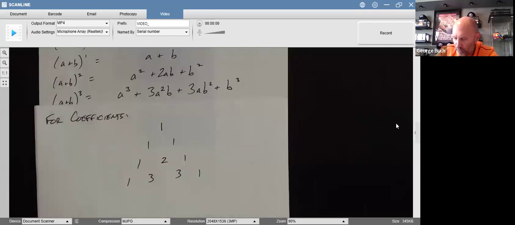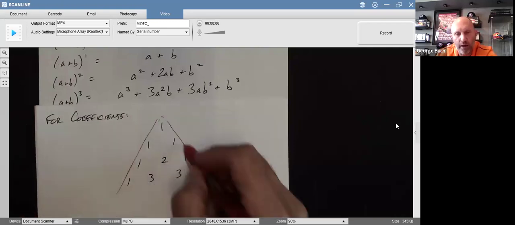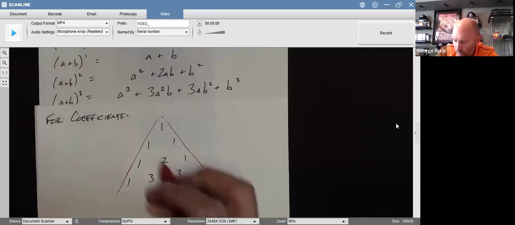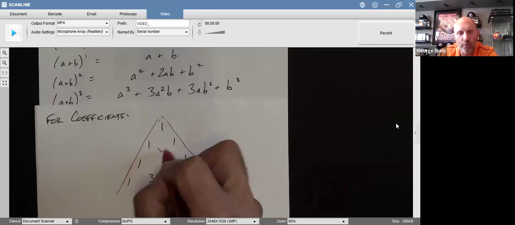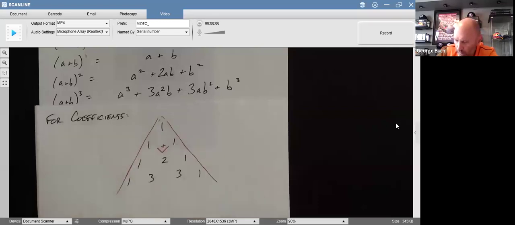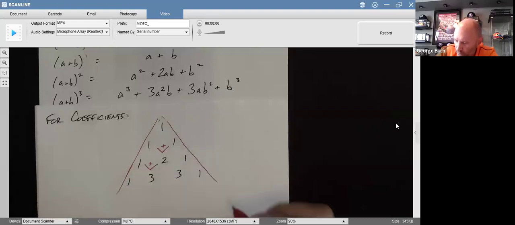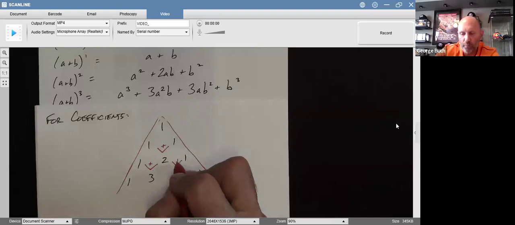So first of all, I have what? I have ones all down the outside of this triangle, right? But what about the numbers inside? The 2 is what? It's the sum of the two numbers above it. The 3 is the sum of the two numbers above it. The 3 is the sum of the two numbers above it.